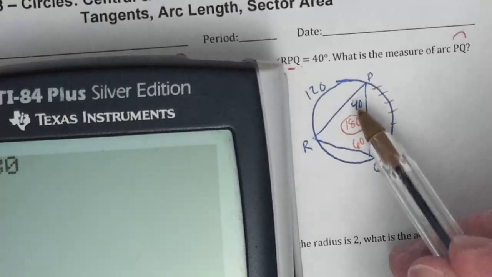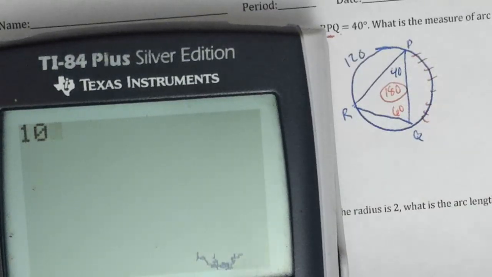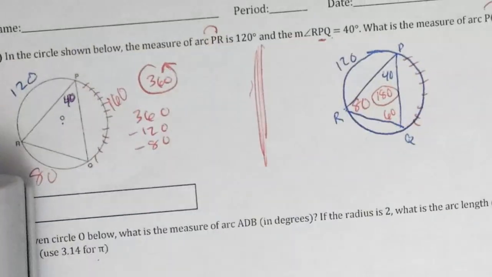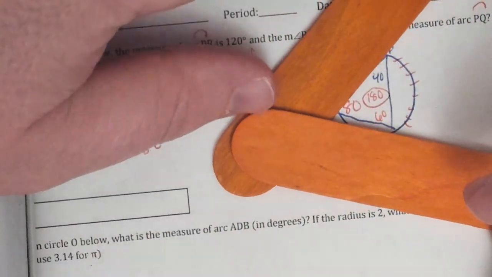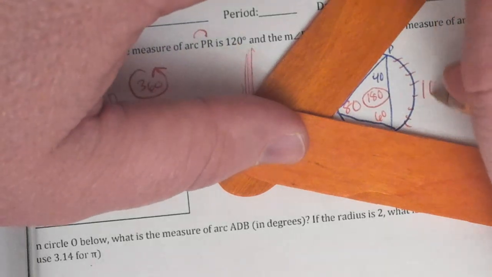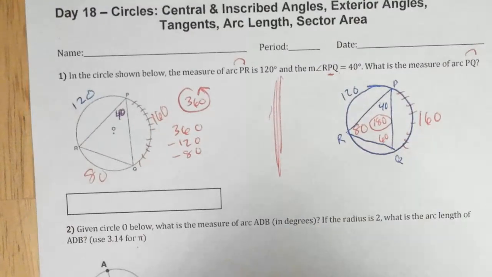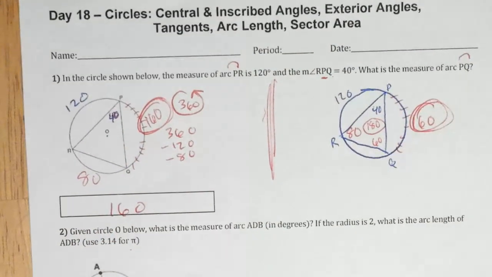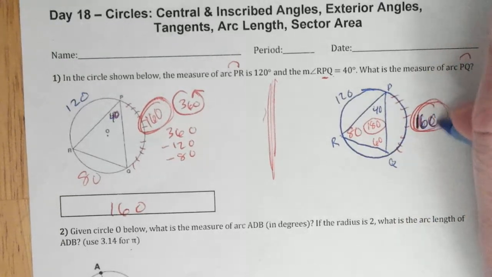So 180, if I subtract the 40 and I subtract the 60, I'd be left with 80 degrees right here. So this is 80. Now I could project this out. If this is 80, this would project 160. So those were two different ways to find the same answer. So 160, this was the answer.